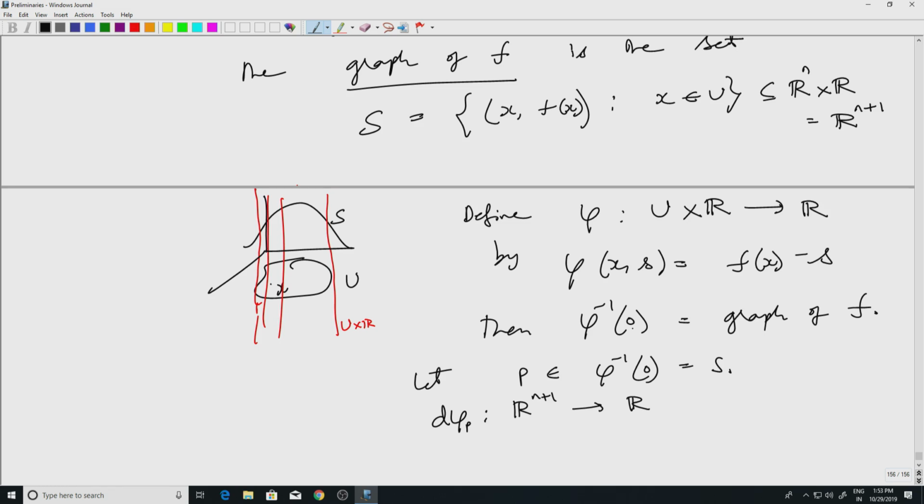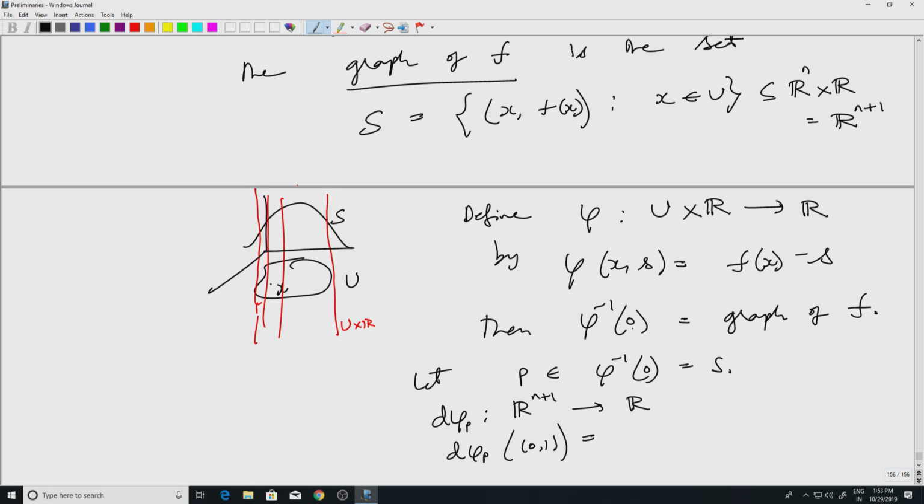So in fact, let's just take d phi at P of the vector (0, 1), where the first n coordinates are 0 and the last coordinate is 1.